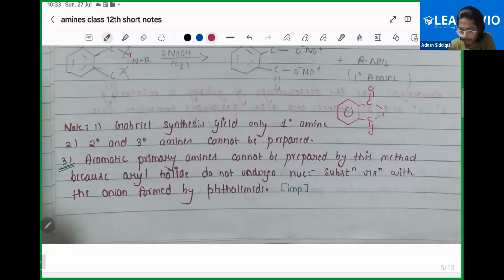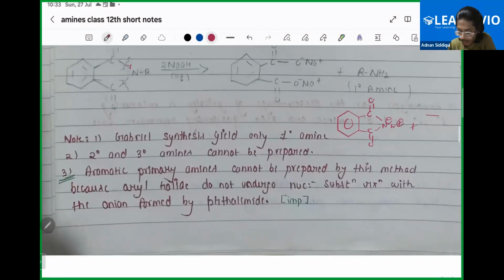The last statement is saying why we cannot make a product like this. I have an aromatic halo benzene, chlorobenzene basically. This will attack here and the chlorine will be removed. Why is it not possible?